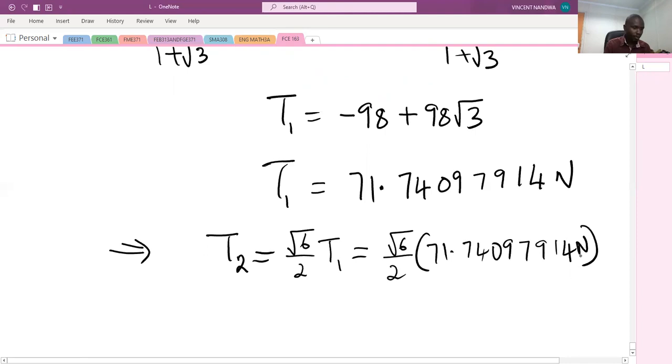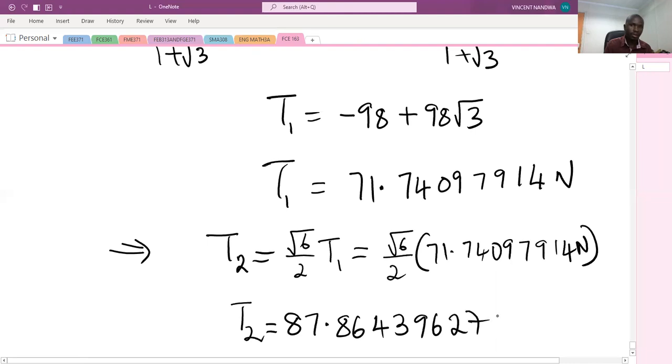So multiplying by root 6 divided by 2, you get T2 is 87.86439627 newtons. So that is the answer to that particular problem. Thank you.